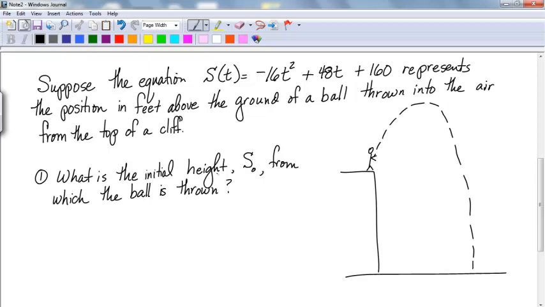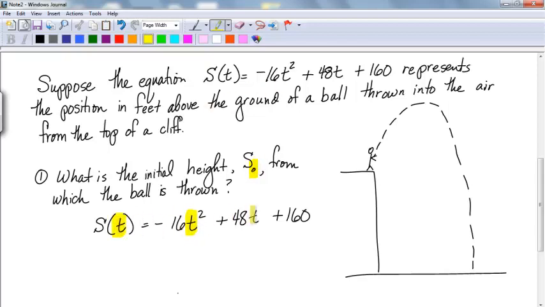When you're doing these, a lot of times you've got to figure out what's the 0, but they're actually giving you the 0. If you write down the beginning equation, S of t equals negative 16t squared plus 48t plus 160, and they want to know what's S sub 0, well, if it's S sub 0, then t is 0, so all of those terms drop out.